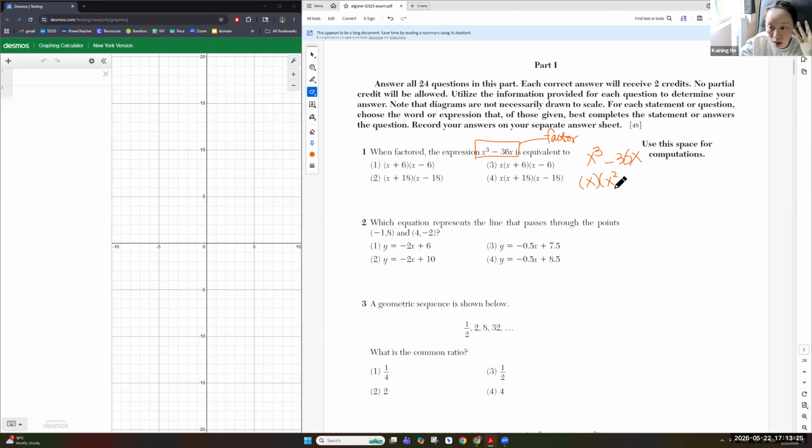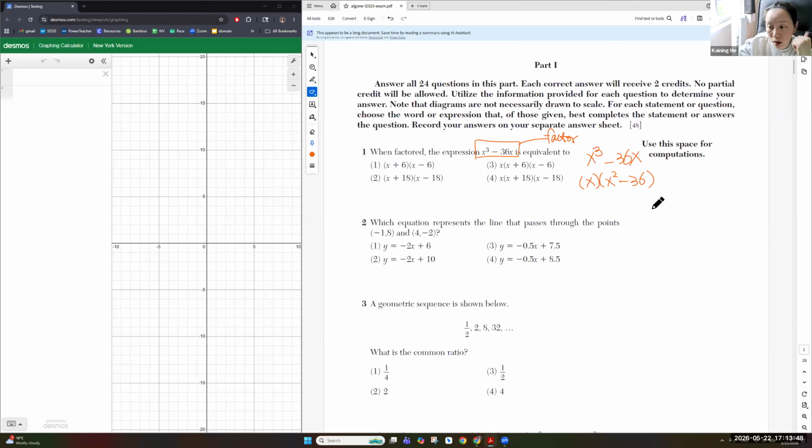That's what happens in the multiplication. And on the other term, that minus is still there. 36x separated from the letter x leaves a 36. That's your first step of separating.